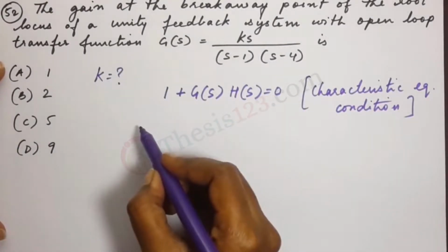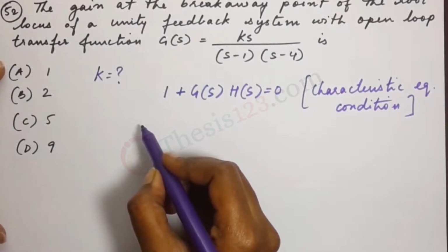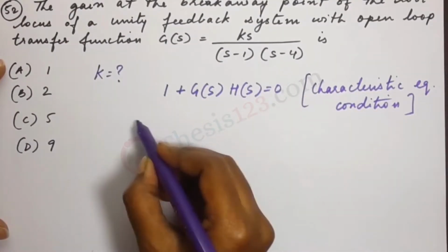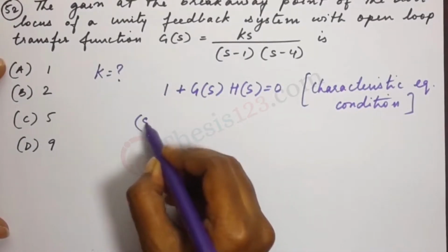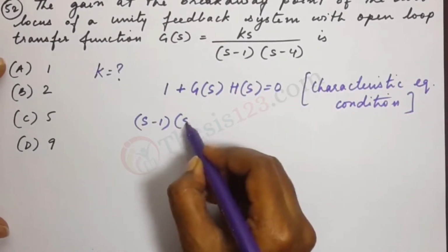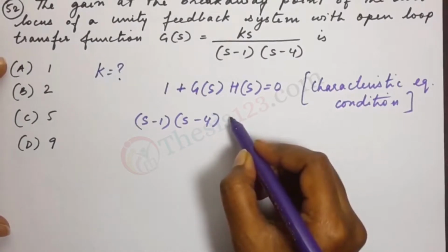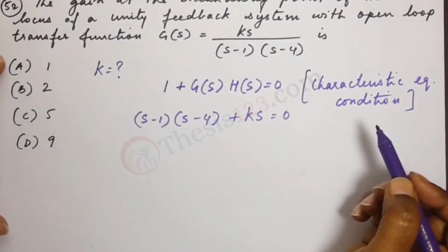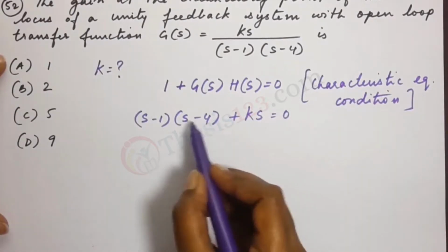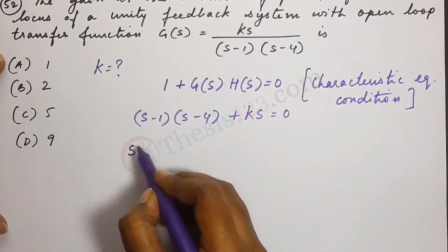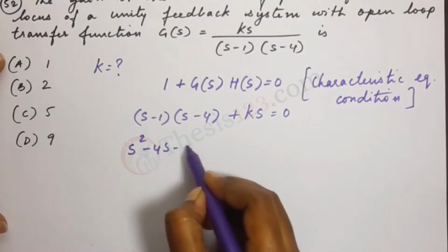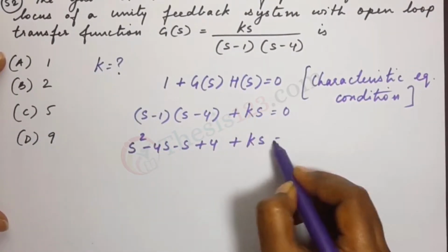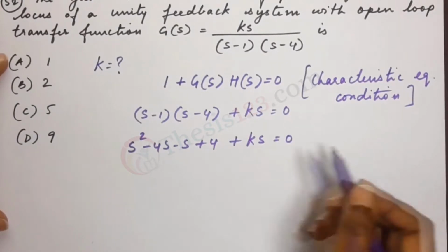Now let's work it out with respect to what's given to us over here. We have (s - 1)(s - 4) + Ks = 0. Let's open up the brackets here. So we have s² - 4s - s + 4 + Ks = 0.